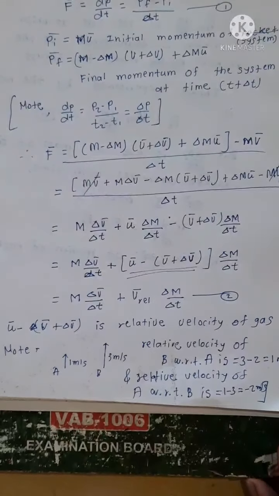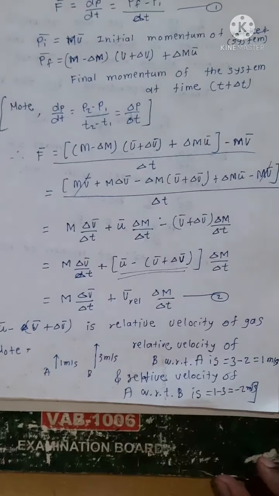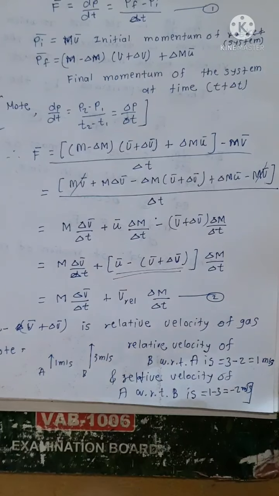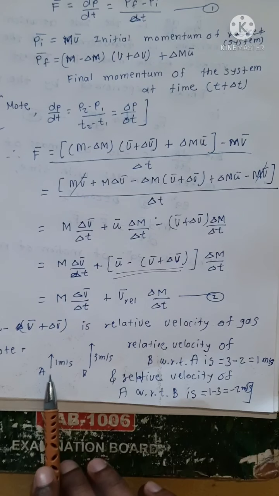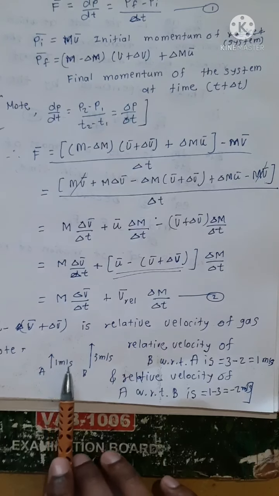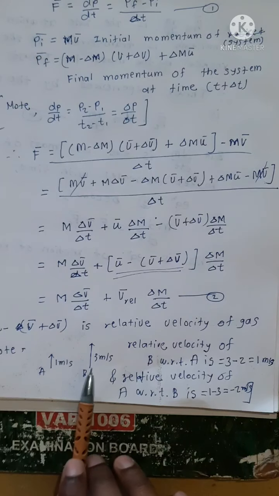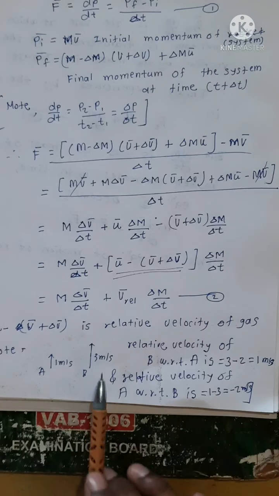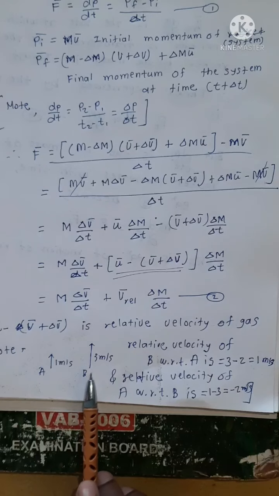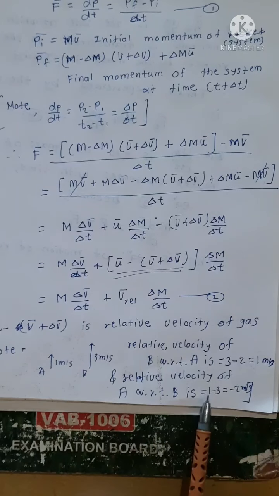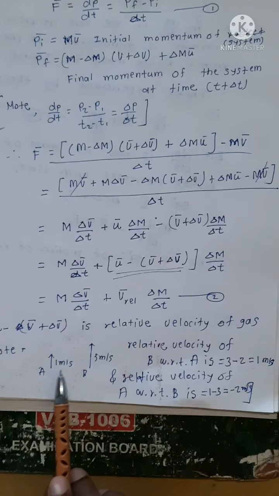Consider this note here, you will understand what the concept of relative velocity is. Consider a particle A moving with velocity 1 meter per second, and consider a second particle B with velocity 3 meter per second. So the relative velocity of A with respect to B is nothing but 1 minus 3.